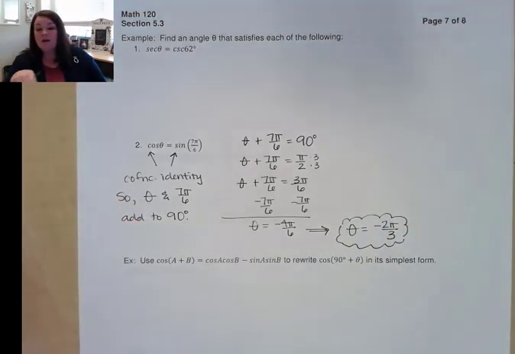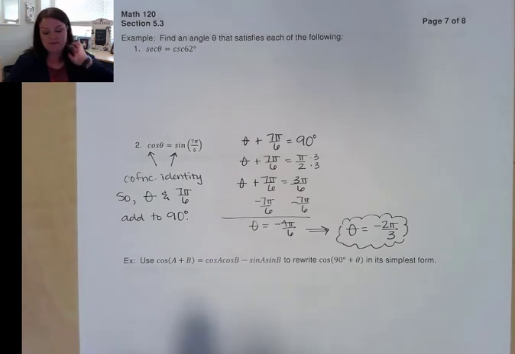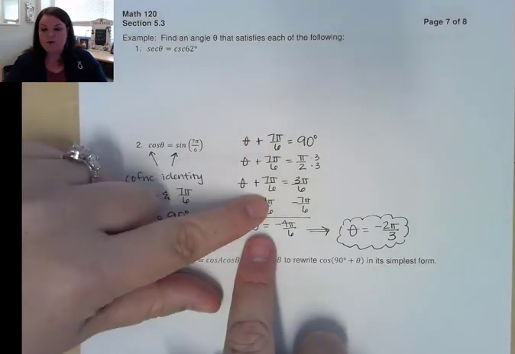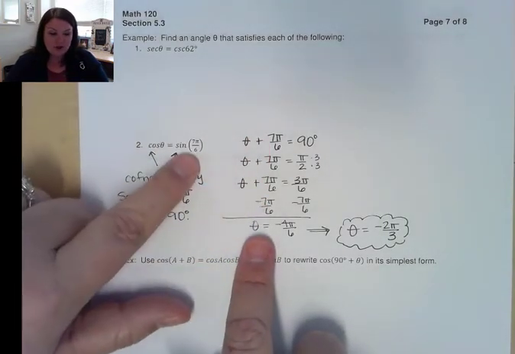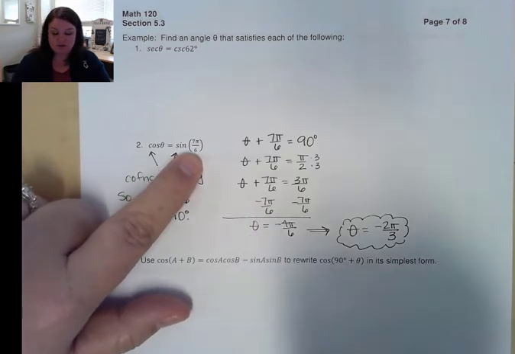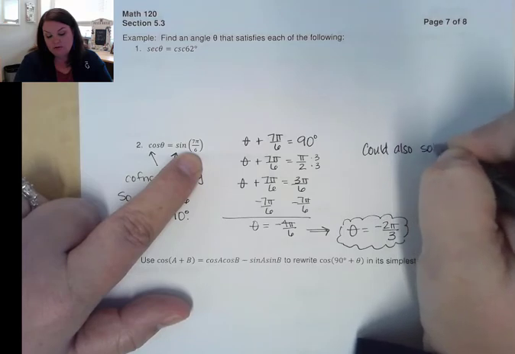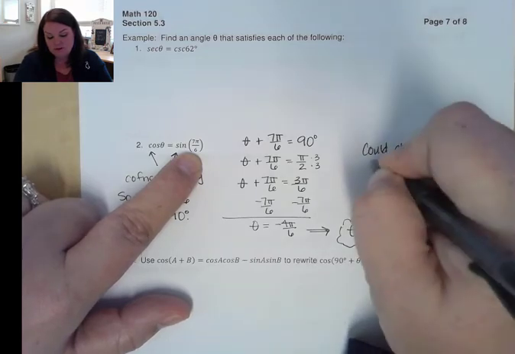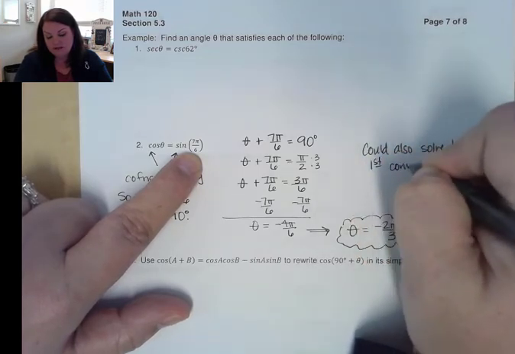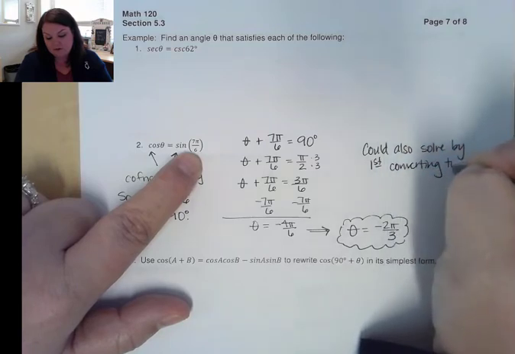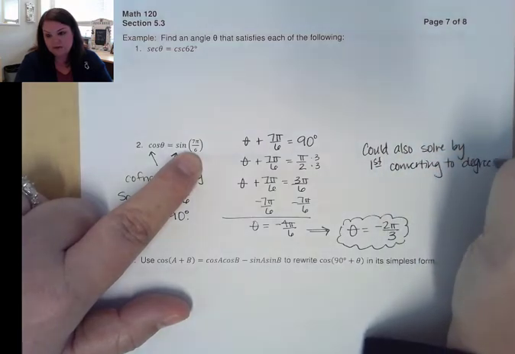Now, another way you could work this one, if you don't like dealing with radian measures, is you could first change this to degrees. So I'm going to say, could also solve by first converting to degrees.